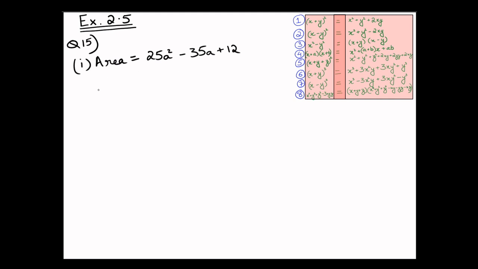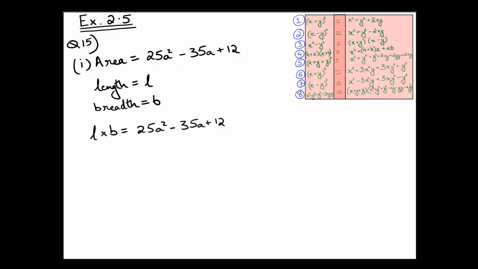Now, I'm going to assume, or rather let the length of the rectangle be L, and I'm going to let the breadth of the rectangle be B. So now we know the area of a rectangle is length into breadth, which is equal to 25a square minus 35a plus 12.